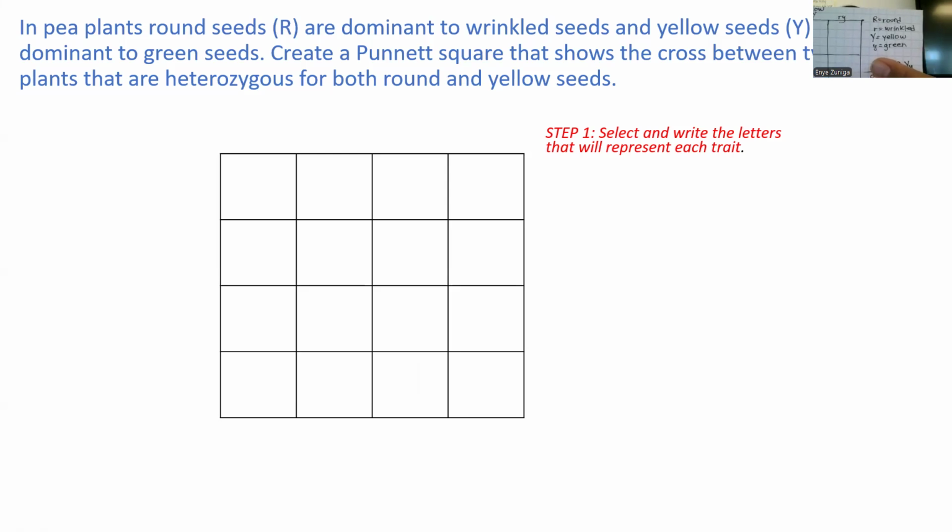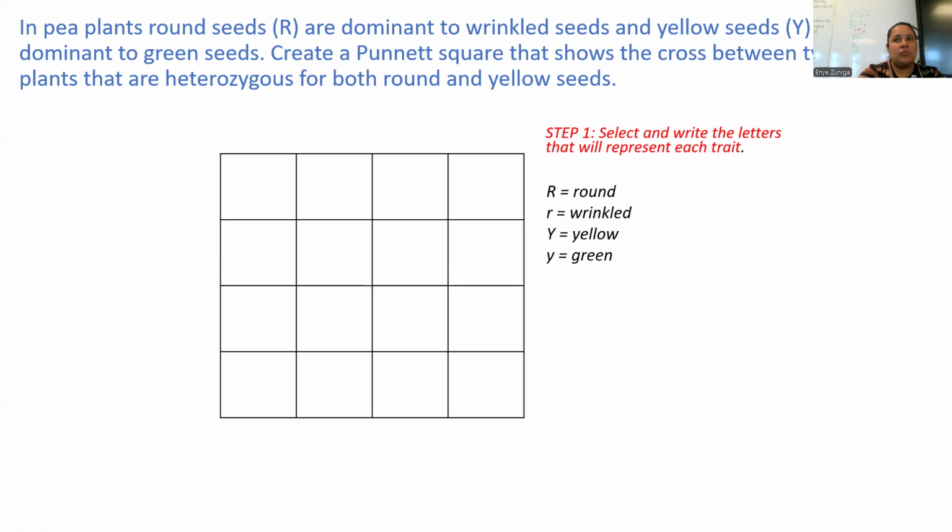And then I write the lowercase r, so the lowercase r codes for a wrinkled seed. The uppercase Y codes for yellow, and the lowercase y codes for green. I got that directly off the problem.